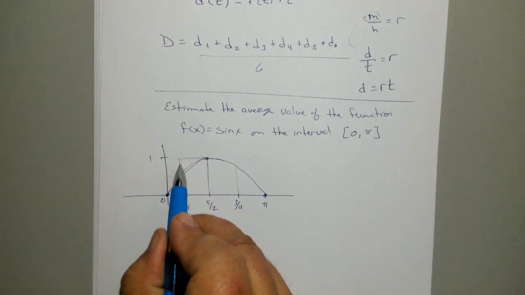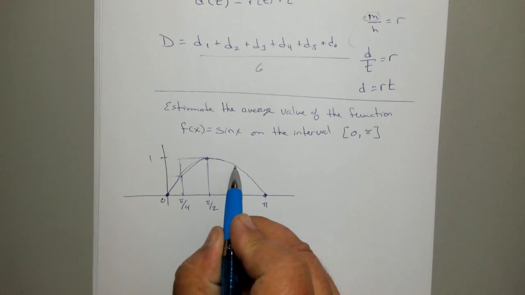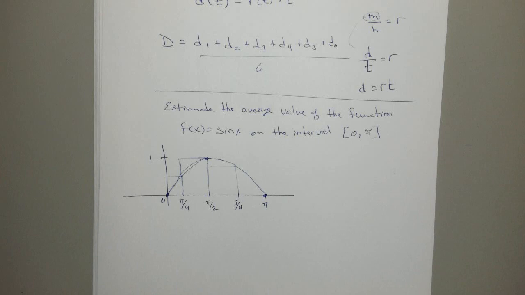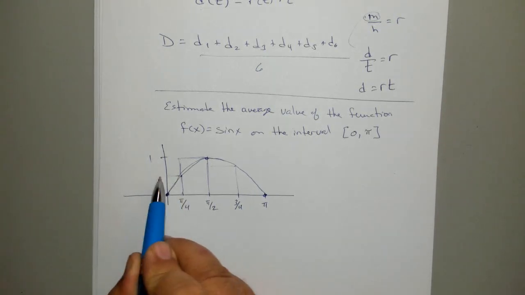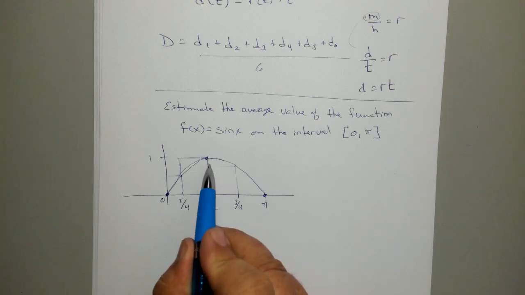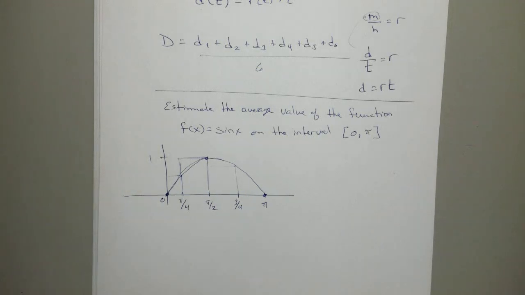Now, you could be tempted to do this. Take it on the right-hand side of the interval and go to the left. But what this would do is these two would wash out.